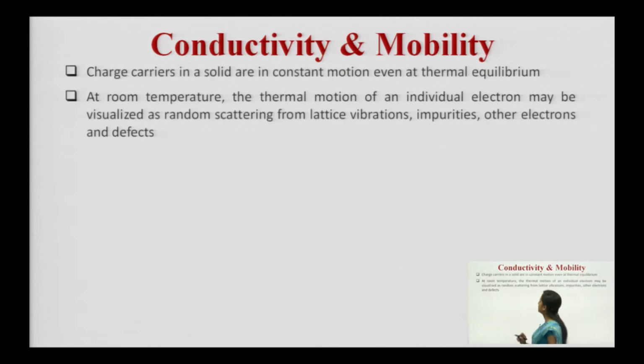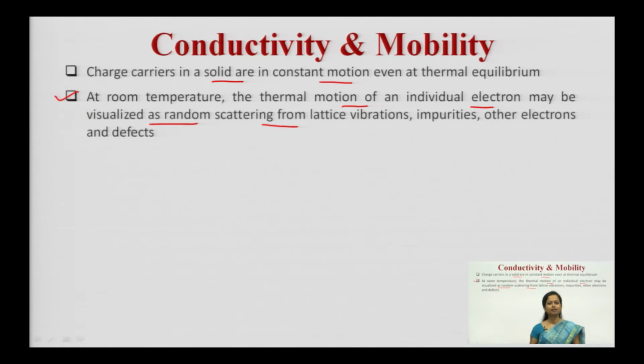See, charge carriers in a solid are in constant motion even at thermal equilibrium. If you talk about the thermal equilibrium condition also, it means the charge carriers are moving. They are not in a stationary position. When the charge carriers are in constant motion, even at room temperature, the thermal motion of an individual electron may be visualized as random scattering, and this scattering happens because of the lattice vibrations.